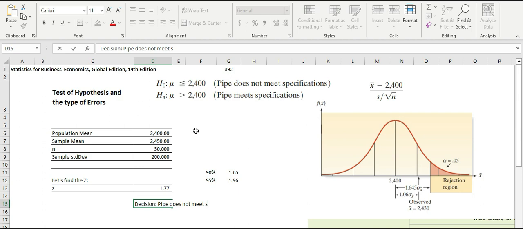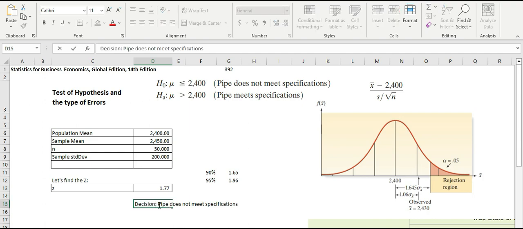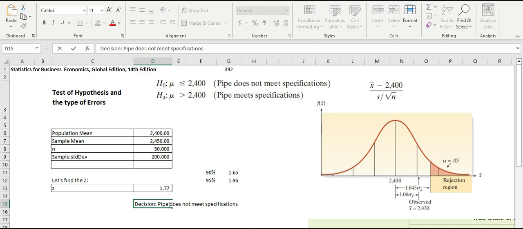So we will say that at the 95% confidence level, the pipe does not meet specifications.